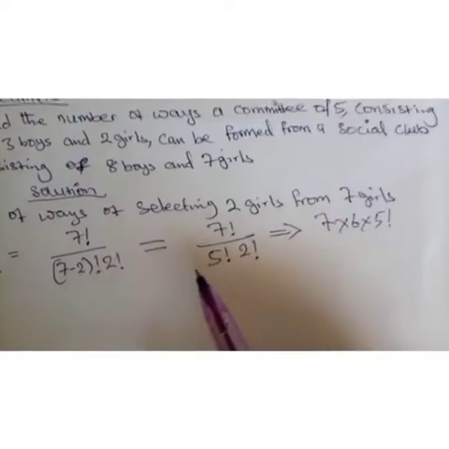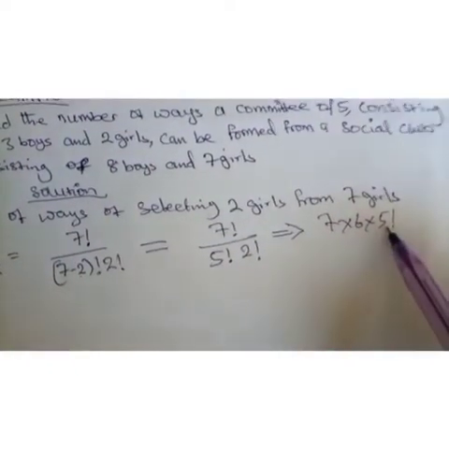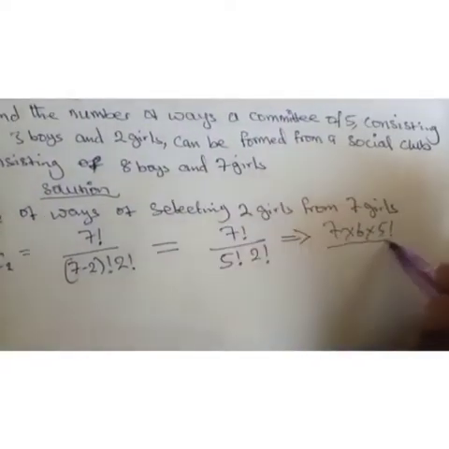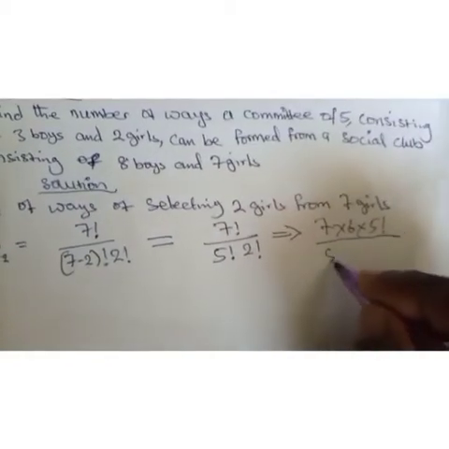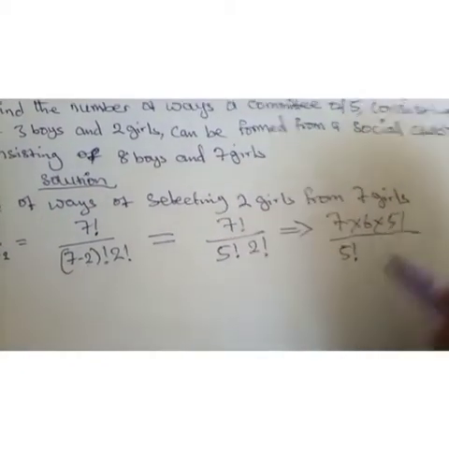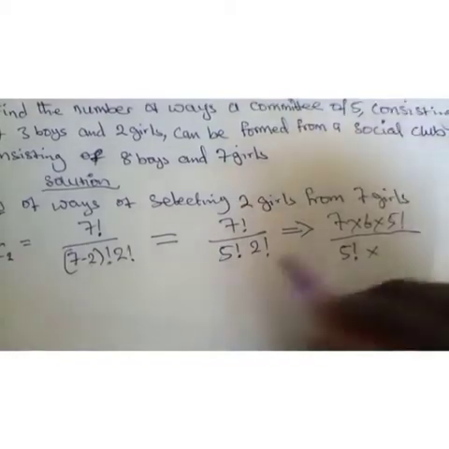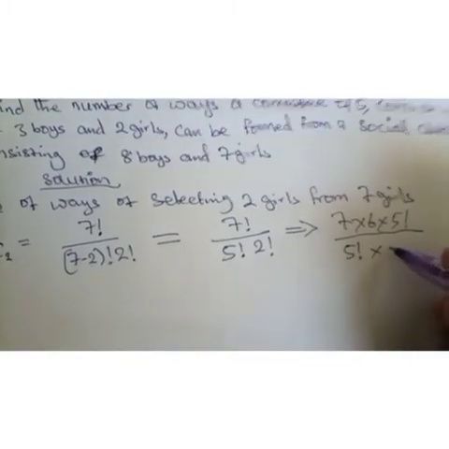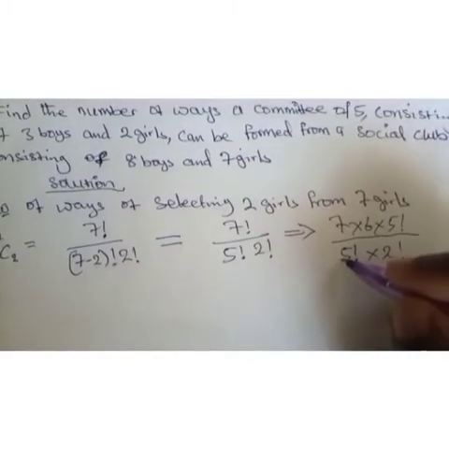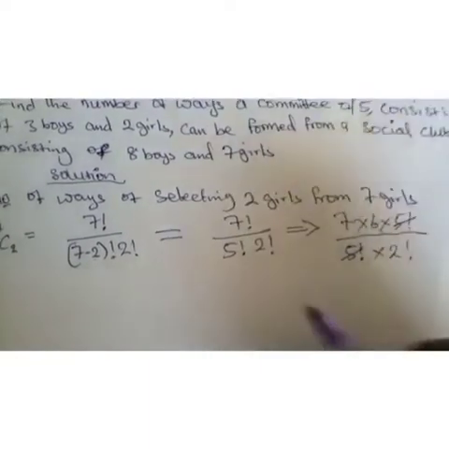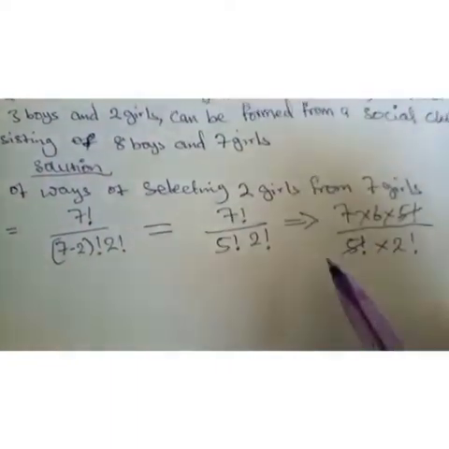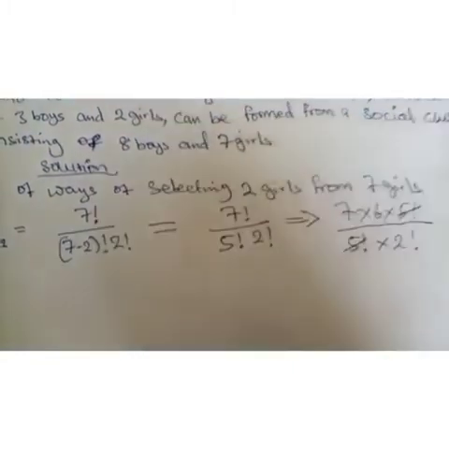Since we have 5 factorial below, we stop at 5 factorial, and the 5 factorials cancel.